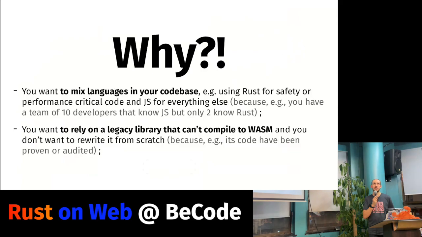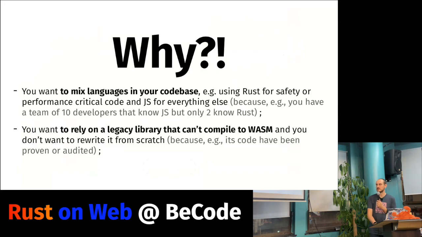I think mostly about cryptographic primitives, for example. You will not rewrite it in JavaScript even if you can, because you want to use that Rust library that has been proven and you can trust it and so on. So that's the two main reasons for mixing programming languages.